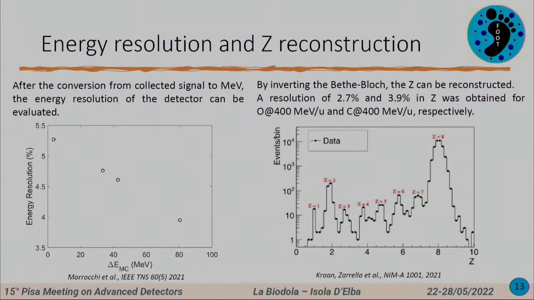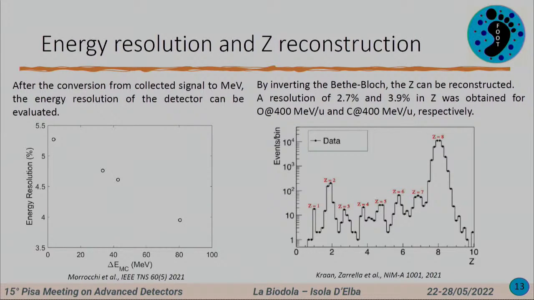The energy resolution, considering both layers of the detector, is between 5 and 5.5% for proton, while it's between 5 and 4% for carbon ion, depending on the energy of the particle. After all this calibration, by inverting the Bethe-Bloch equation, we can reconstruct the charge of the fragment.